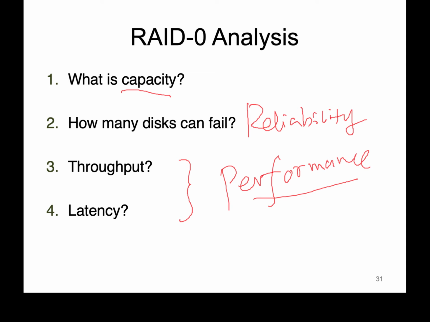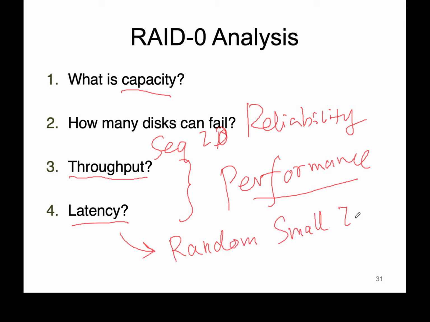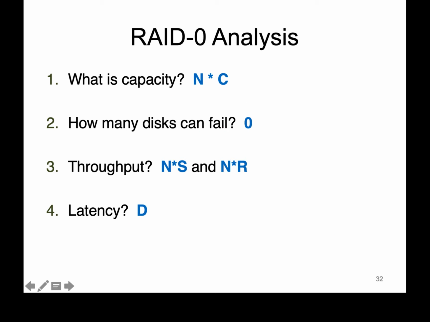The first one is throughput, which is especially for relatively sequential I/O. And for latency, this is especially for random small I/Os. So this is the theoretical results of each one of these metrics of interest for RAID 0.